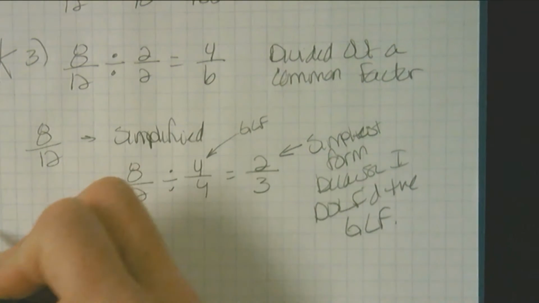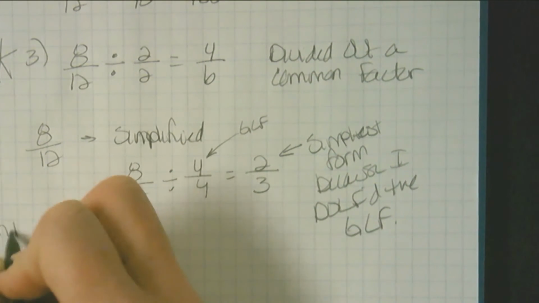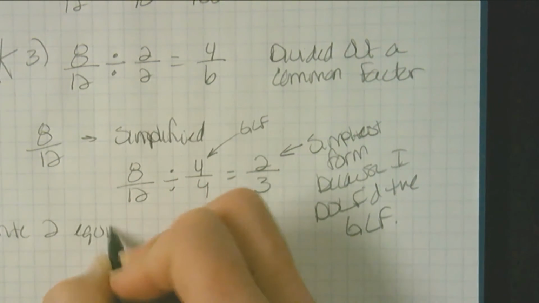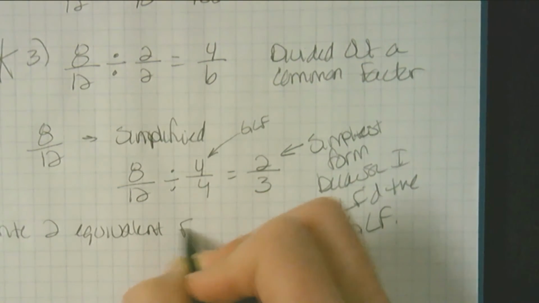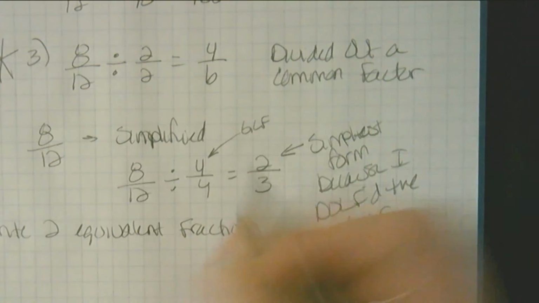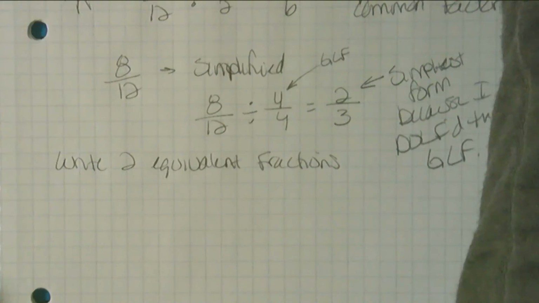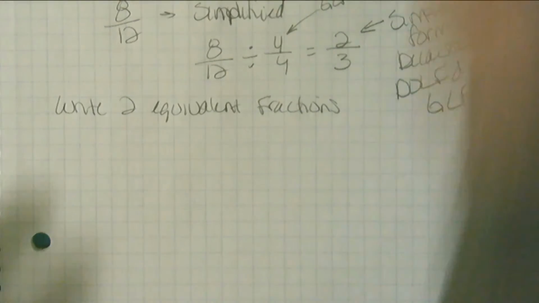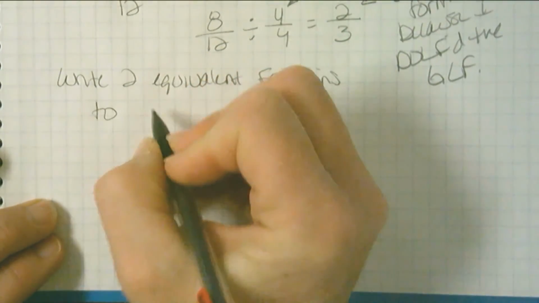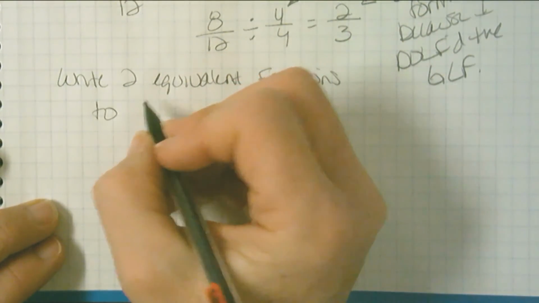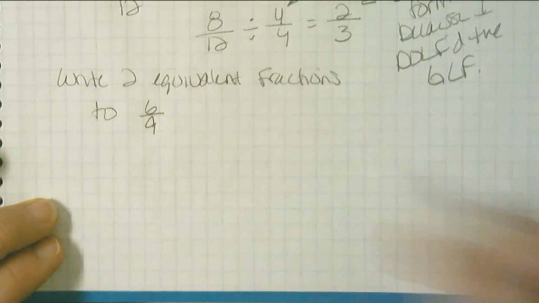All right, I want you to write 2 equivalent fractions. Please do one bigger and one smaller so you get in the habit of that, so you have practice with both. 6/9.